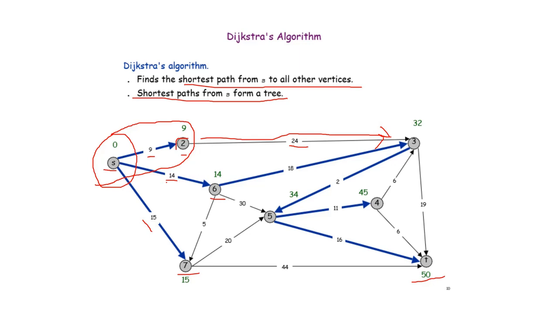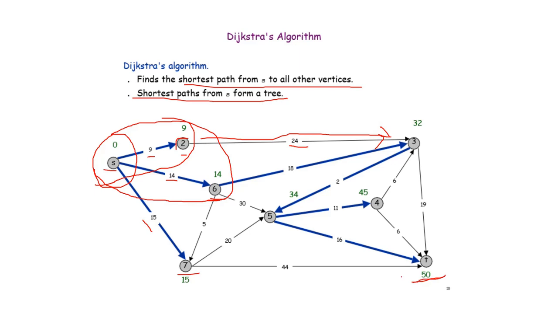Then among all these options, we choose this 14 and we go to 6. Then we add 6 into our set. And on the next step, we need to consider all the neighbors of this set. And the process continues until we cover all the vertices and reach our destination.